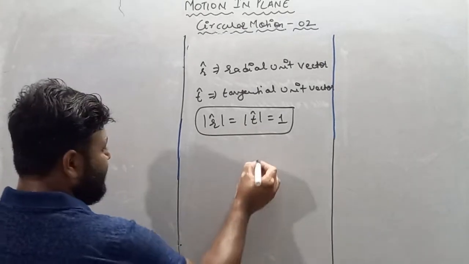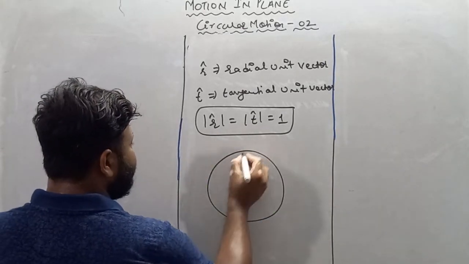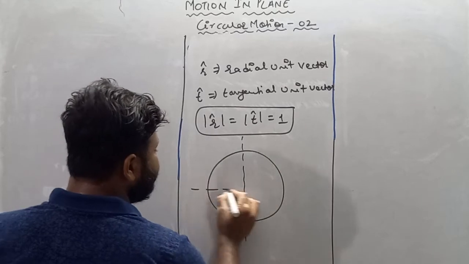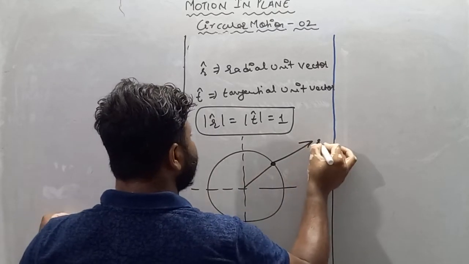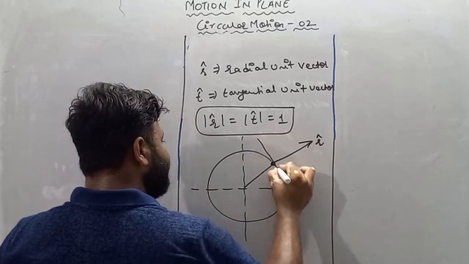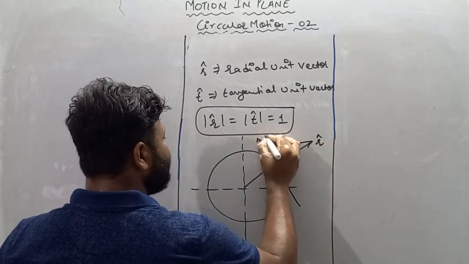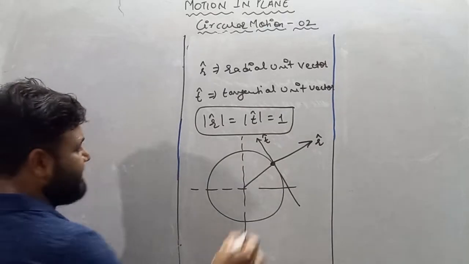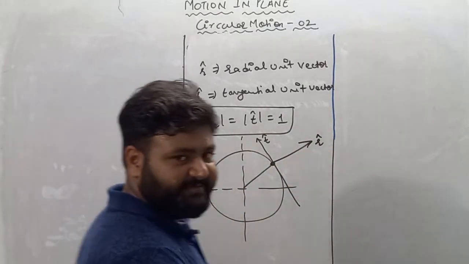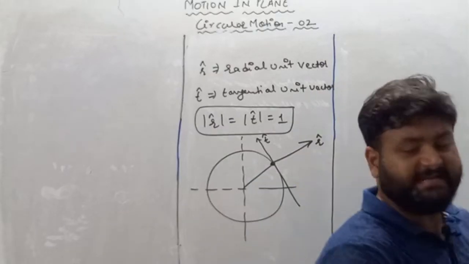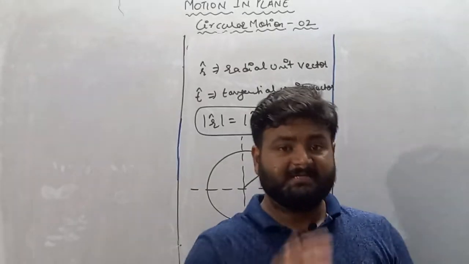So the magnitude of the radial unit vector is 1 and the magnitude of the tangential unit vector is also 1. In a circular track, the radial unit vector, r cap, always acts radially outward, and the tangential unit vector always acts towards the tangent. Remember this thing. We'll get their relations as well.